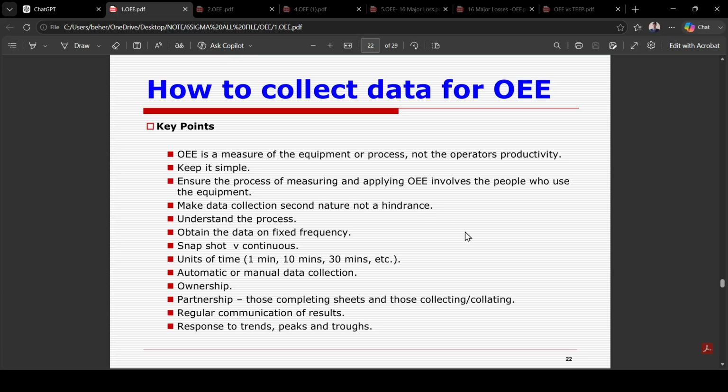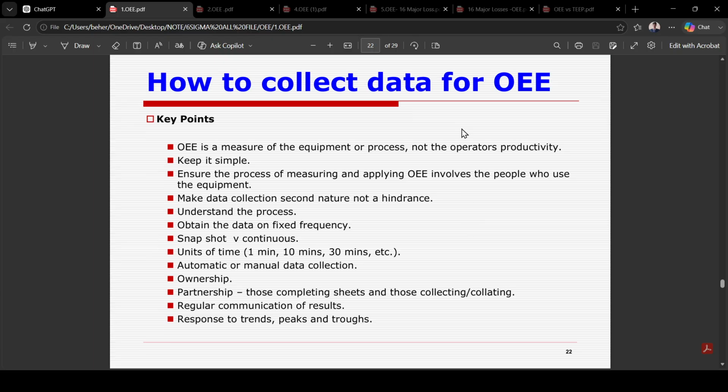Obtain the data at a fixed frequency. Snapshot versus continuous. Units of time: 1 minute, 10 minutes, 30 minutes, etc. Automatic or manual data collection. Ownership, partnership: those completing it or those collecting it. Regular communication of the results. Response to trends or peaks and troughs.